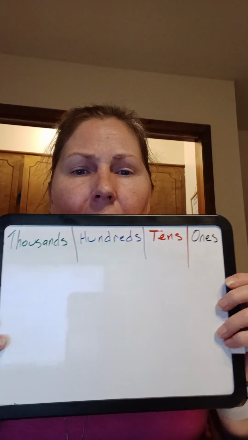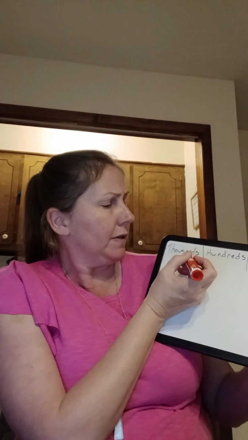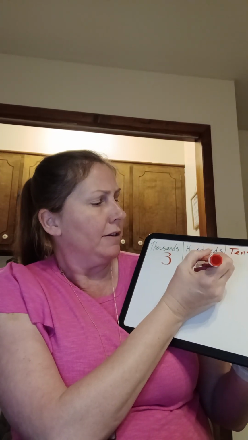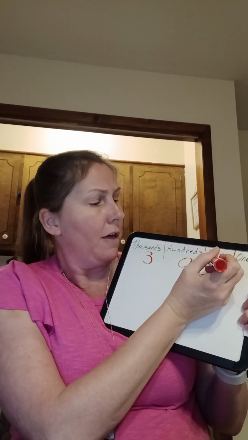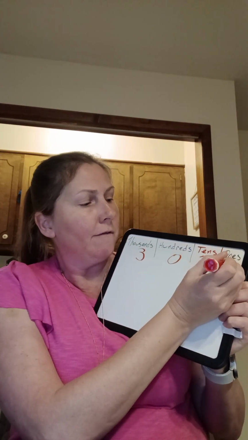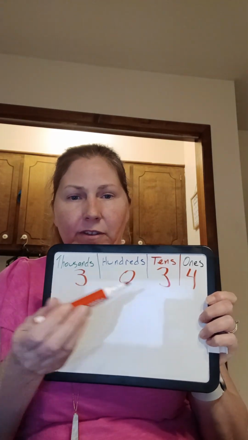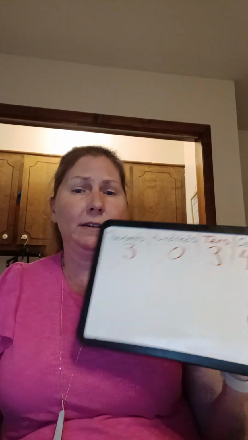Okay, as you can see, we have a place for 1,000, hundreds, tens, and ones. So we have 3 in our thousands, 0 in our hundreds, 3 again in our tens, and 4 in our ones. Again, we have 3 groups of 1,000, 3 groups of 10. That's how they're the same, but their placement is different, so their value is different.